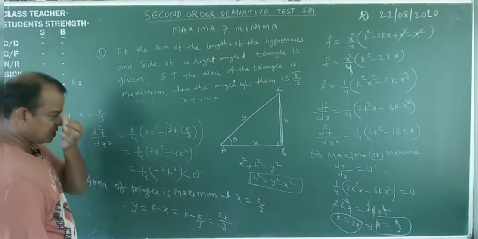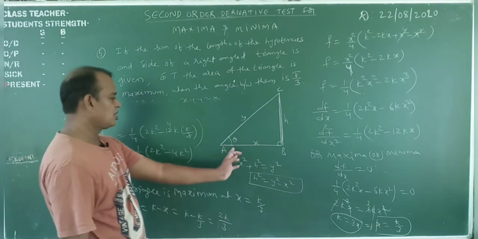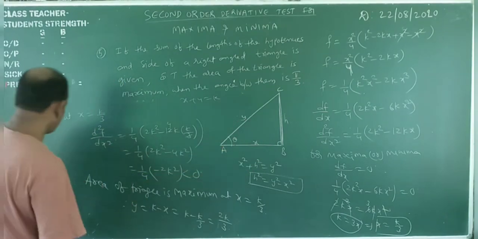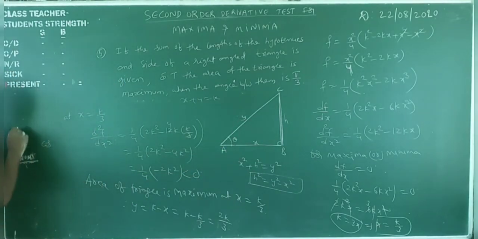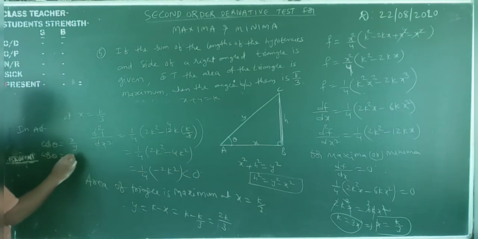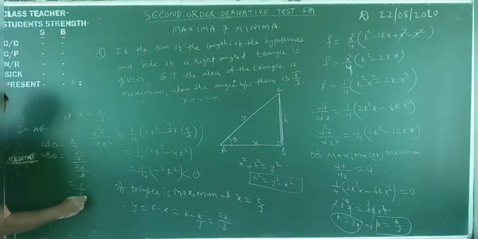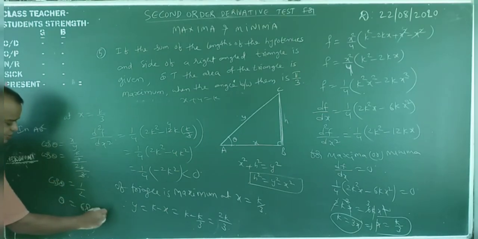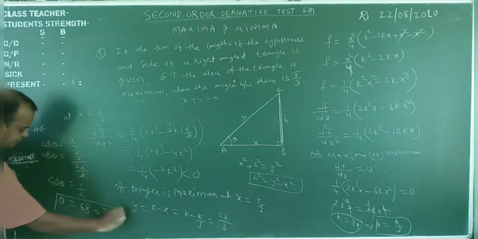Cos theta is equal to x by y. X is k by 3 and y is 2k by 3. The 3 cancels, k cancels, so cos theta equals 1 by 2. Now theta is 100% 60 degrees. 60 degrees means pi by 3.